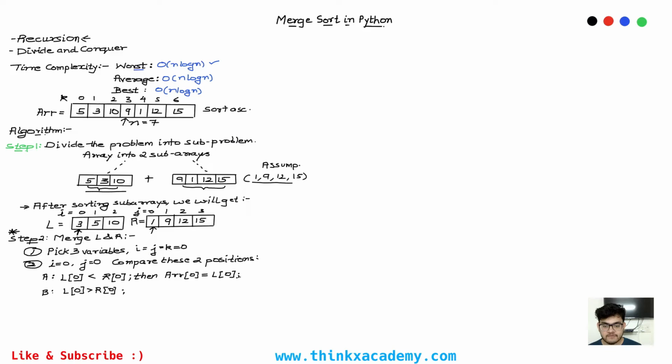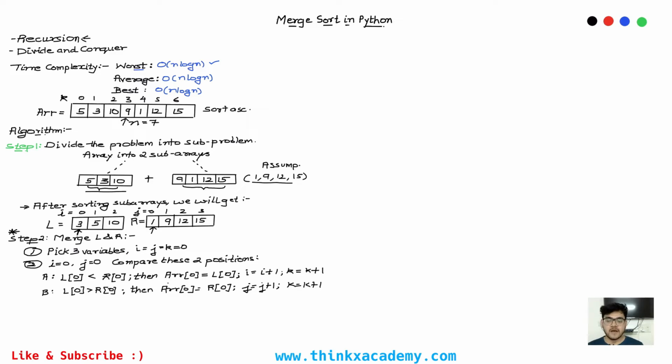We will understand why we are doing this, and then we will increment the value of i equals i plus 1, and then we will also increment k equals k plus 1. Okay, so I will write for this case also. Here the case will be opposite. The array of 0th position will be assigned the right of 0, and instead of i I am going to increment j equals j plus 1 and k equals k plus 1.